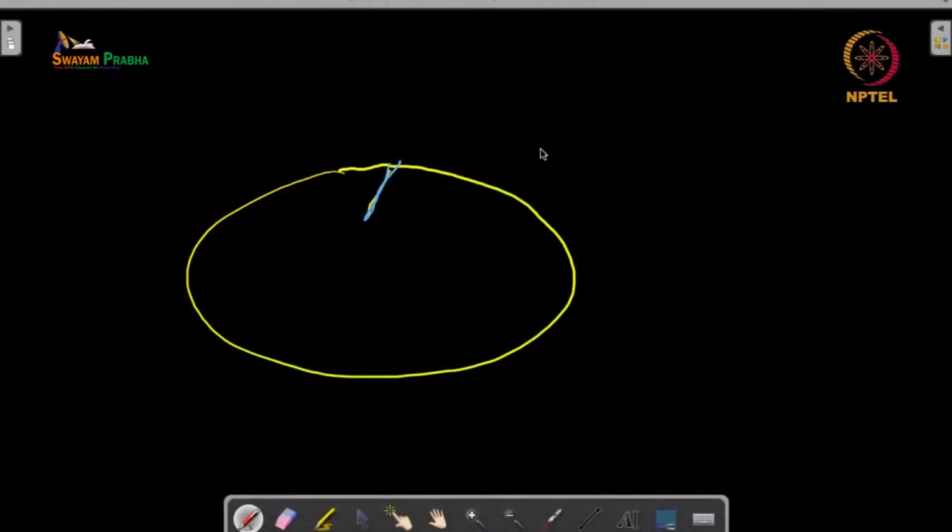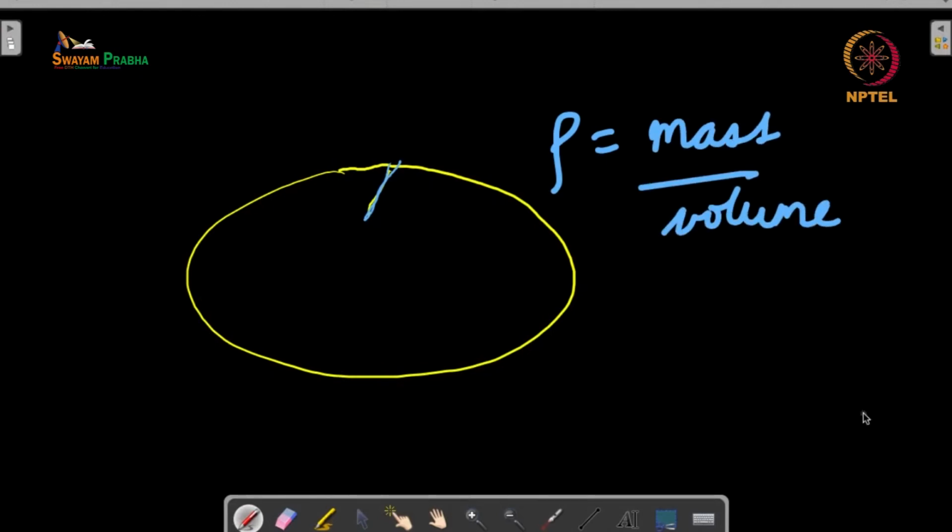Density refers to mass per unit volume. Now when we say that ice has a lesser density than water, it means that for the same mass, it has a greater volume than water. Now greater volume means that the ice is going to take more space. That is, it will increase in size as compared to the size of the water.